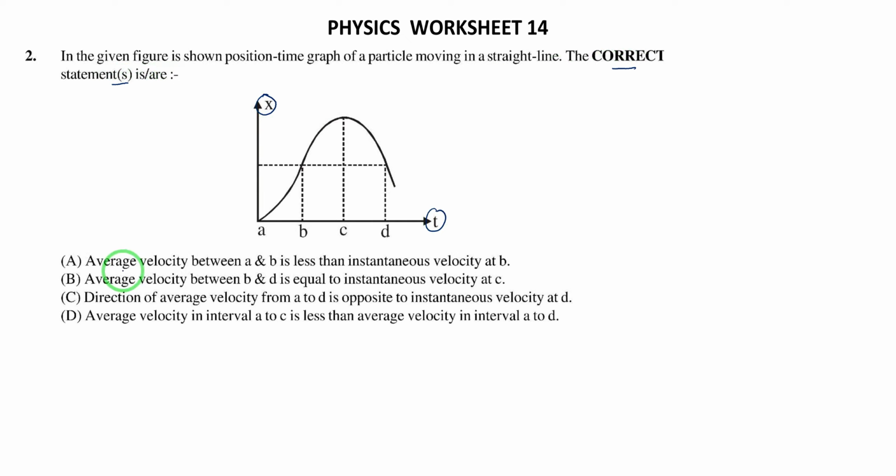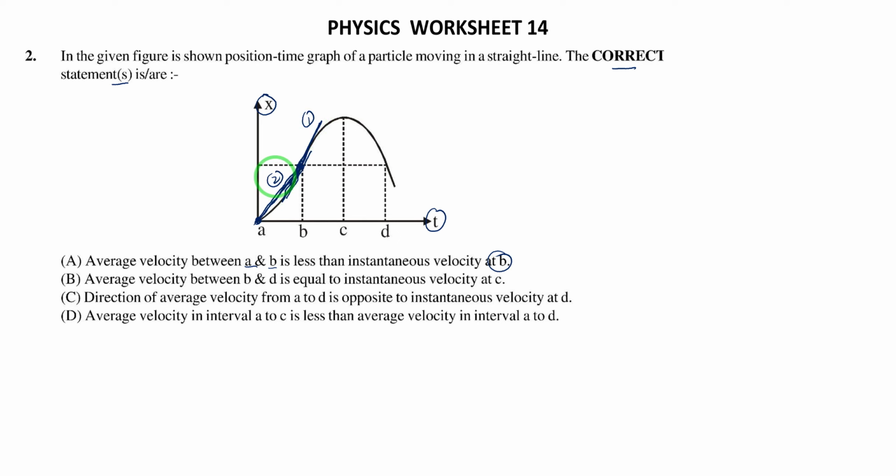Now it says the average velocity between A and B. Here it is A and here it is B. Average velocity will be obtained by joining the line between A and B. This is the slope, is less than the instantaneous velocity at B. So you have to draw the tangent at B, right? This is the tangent at B. Okay. So if I ask you which one is greater, 1 or 2, the answer will be 1 has more slope than 2, right?